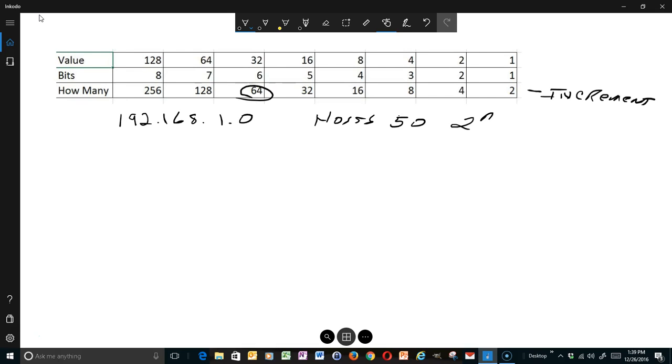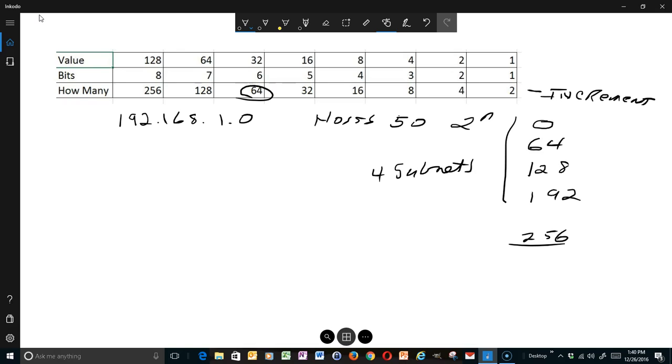So we want 64 of these, and so when we start the first network, it's going to be 0, increment 64. 64 plus 64 is going to be 128, and then 128 plus 64 is going to be 192, and if we add that, it's going to be 256, which gets us to the end. So we have 4 subnets in this with at least 62, because our increment is 64, so 64 minus 2 equals 62 valid hosts.